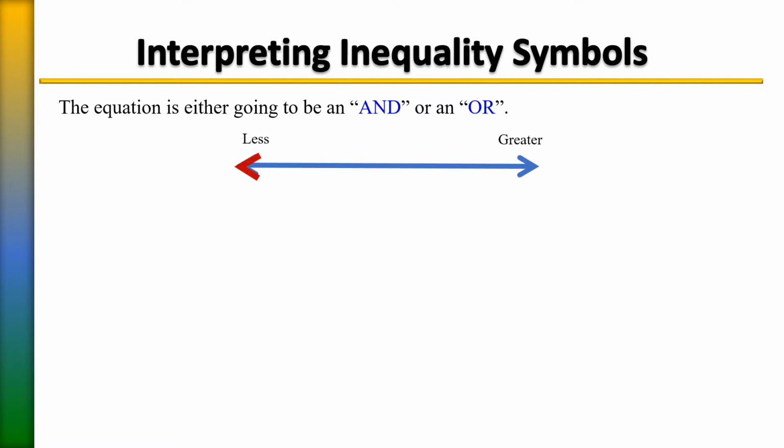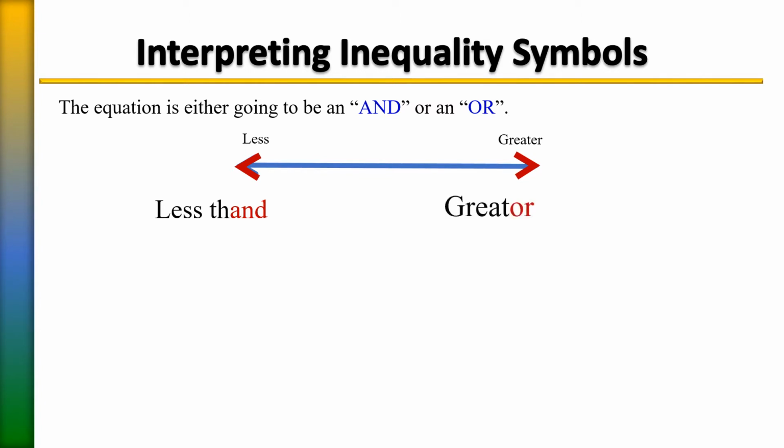So let's begin here with the less than symbol. If I spell that wrong, less than, so that I can put the AND in there, anytime you see a less than symbol, just know that that is an AND equation. And on the other side, you have the greater than symbol.